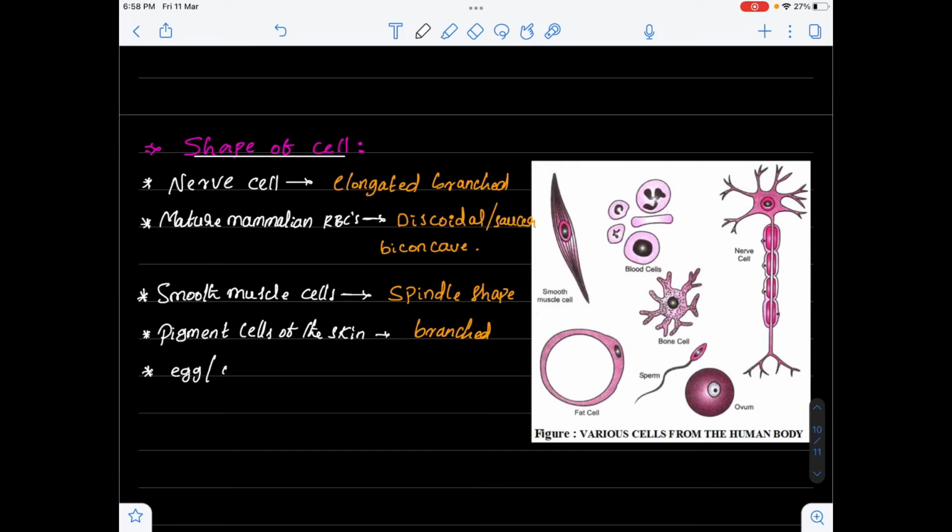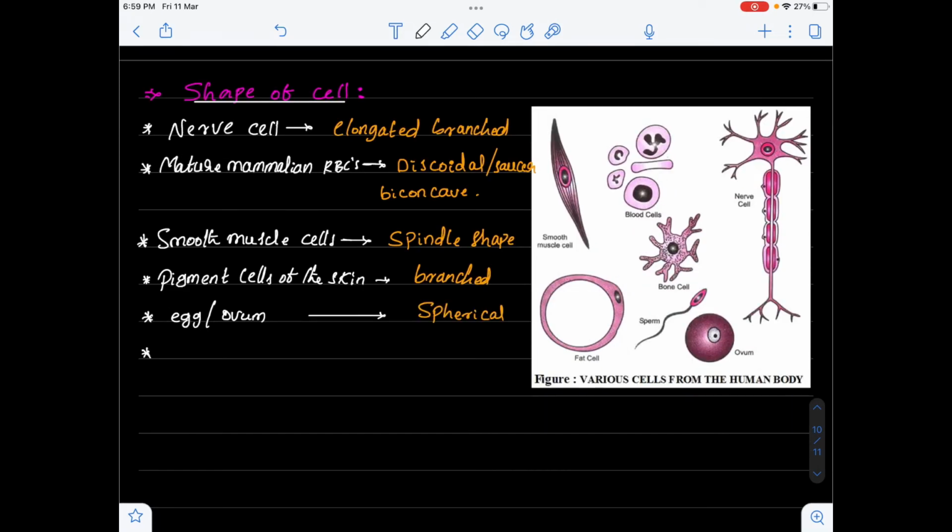Egg or ovum, it is in spherical. Germ cells of gonads. Here gonads are of two types, that is in males testis, whereas in females ovaries. Cells of testis and ovaries appear in cuboidal.